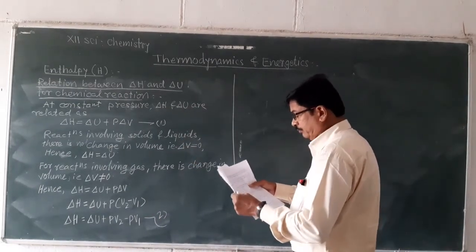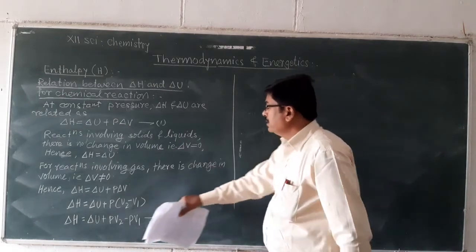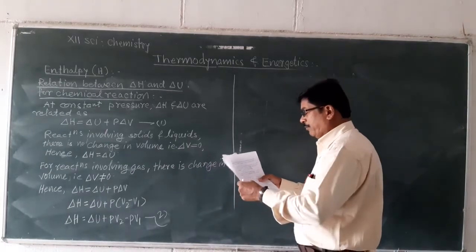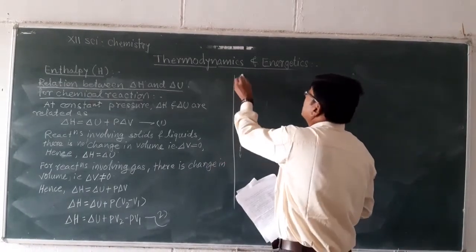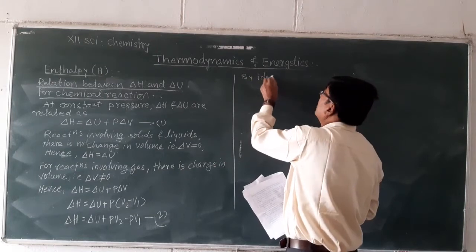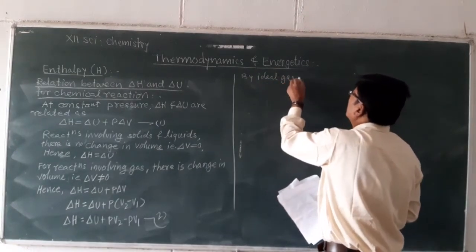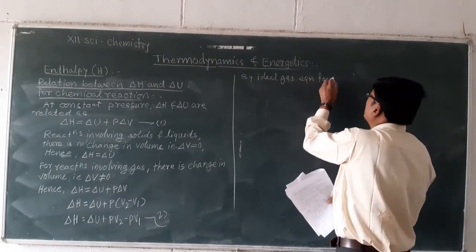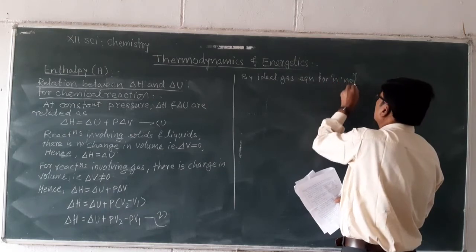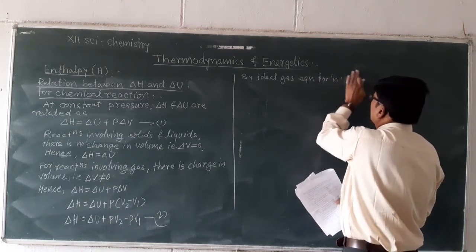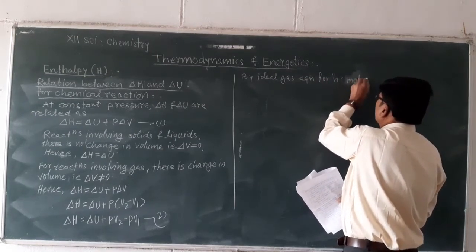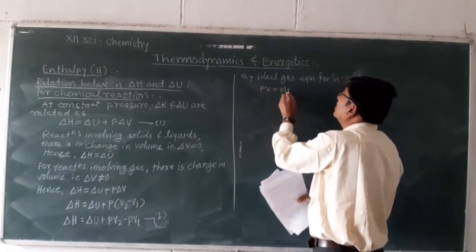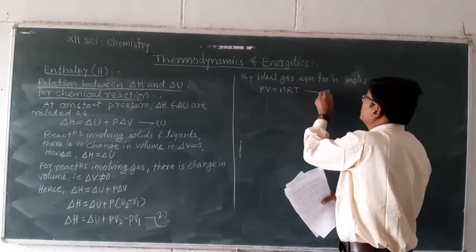Now, here V1 is the initial volume of the system and V2 is the final volume of the system. By the ideal gas equation, for n number of moles, we have PV is equal to nRT. This is, suppose, equation 3.